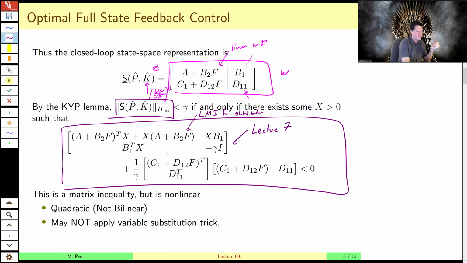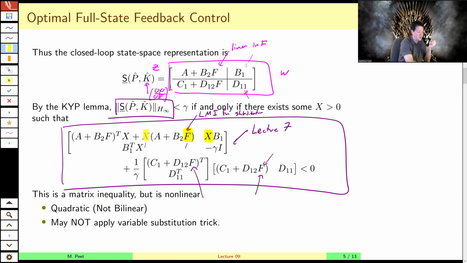However, that's bilinear in these two variables. We can do the variable substitution. However, we've also got this F appearing here. That means it's going to be hard to do the variable substitution because we have to eliminate all versions of the original variable, which was F. And if F just appears by itself, that's going to be hard to do.